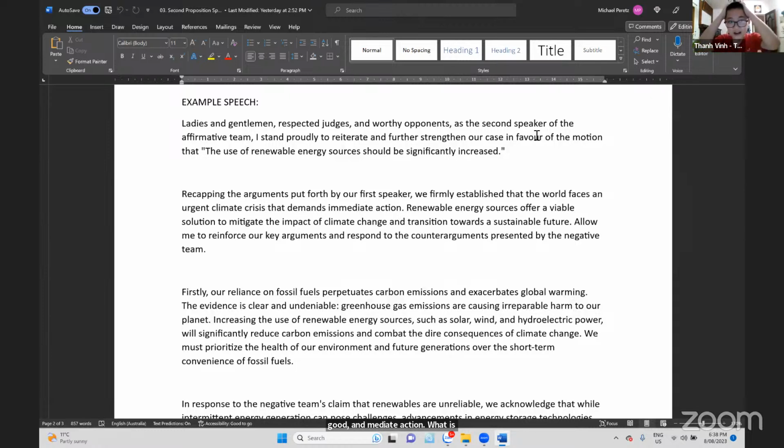Renewable energy sources offer a viable solution to mitigate the impact of climate change and transition towards a sustainable future. Allow me to reinforce our key arguments and respond to the counter arguments presented by the negative team.